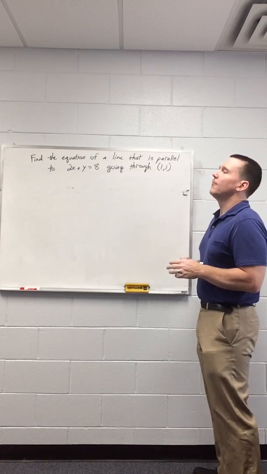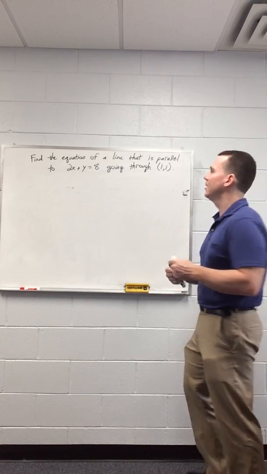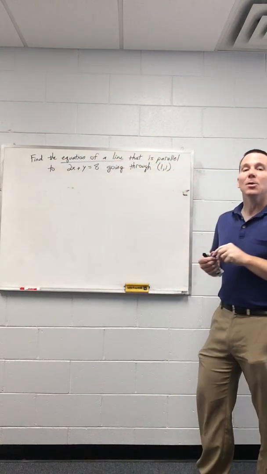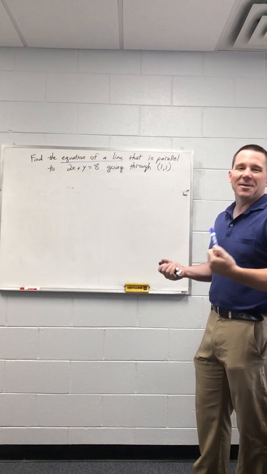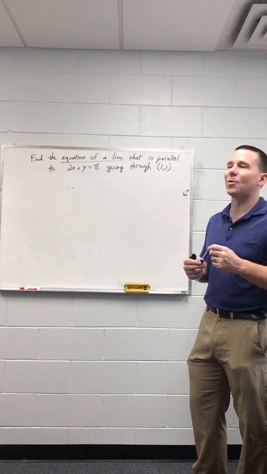One thing to note, for a lot of the applications we've done, you're generally solving an application to get a number. For this, you're told to find the equation of a line, which means your answer has to be the equation of a line. If it's a number, if it's a point, if it's anything like that, it's wrong. We need to give an equation.